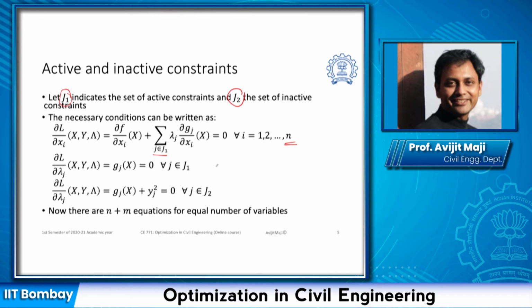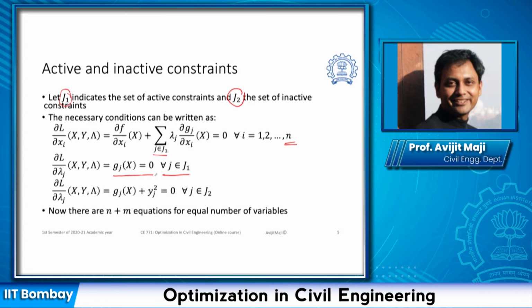Now, when we look into the second necessary condition, we can easily say that for the active constraints my y values are 0, so we can clearly write the second necessary condition as gj is equal to 0, because y has already become 0 as these were the active constraints.